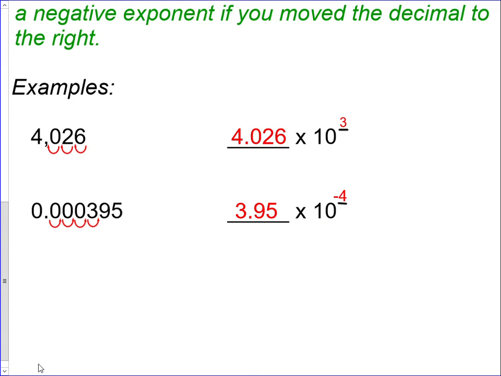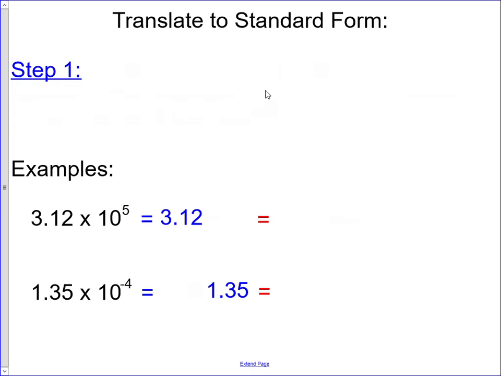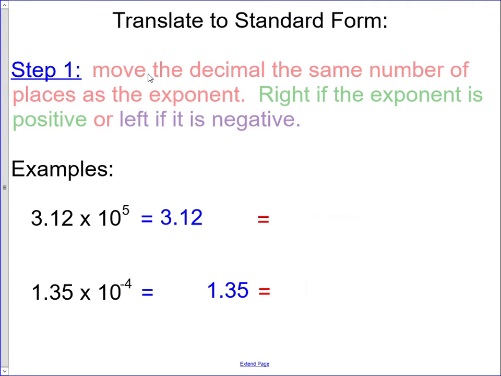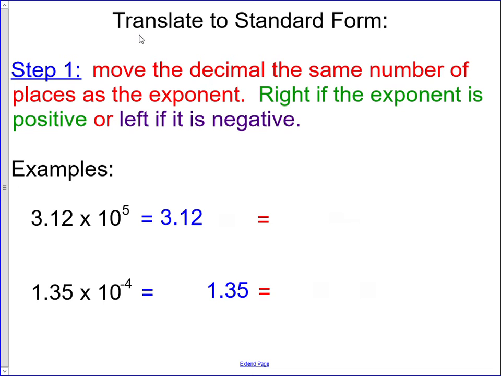All right, that's going from standard form to scientific notation. Let's talk about going from scientific notation back to standard form. All we have to do is move the decimal the same number of places as the exponent. We're going to move it right if the exponent is positive, and left if it's negative.